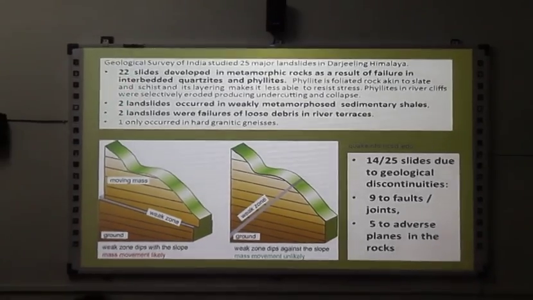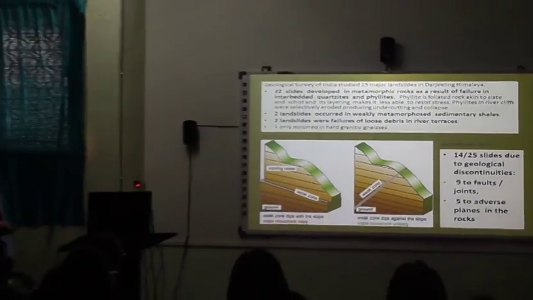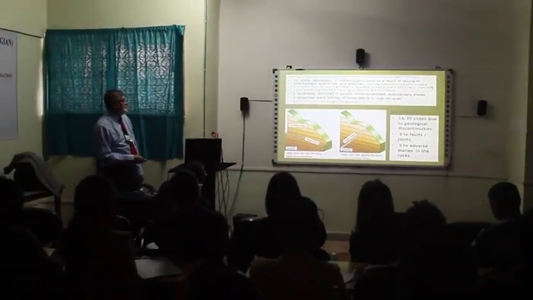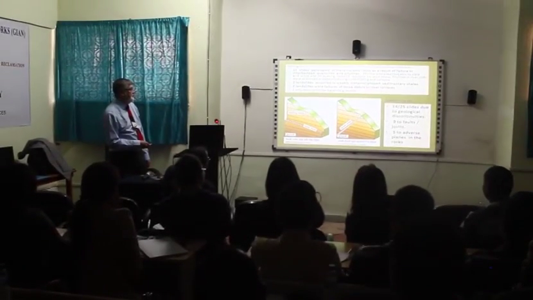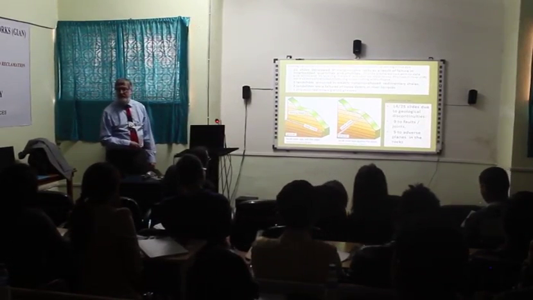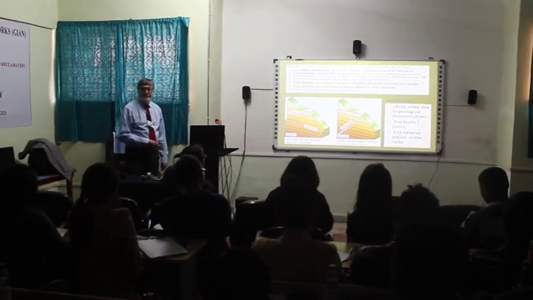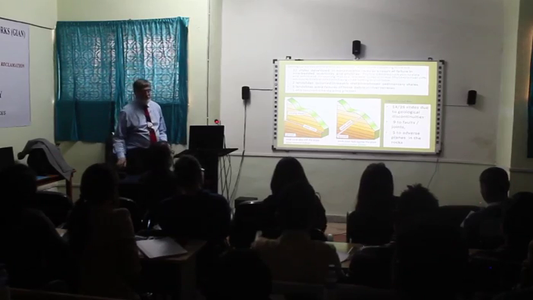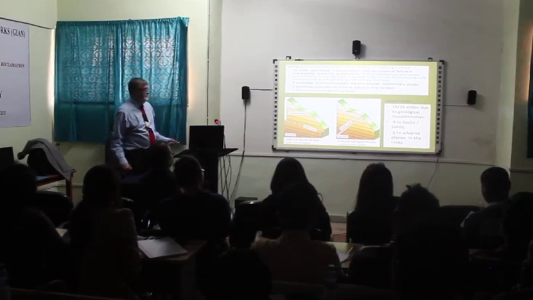Two were in ordinary shales. The big question is how much of the area was covered by these things. Two were just loose debris in river terraces, presumably due to undercutting. But only one in hard, nice, hard granitic rocks. So geology is having an effect.